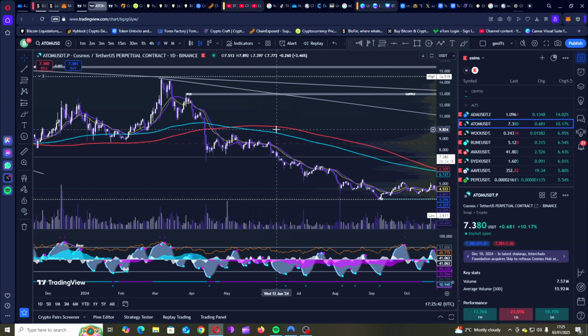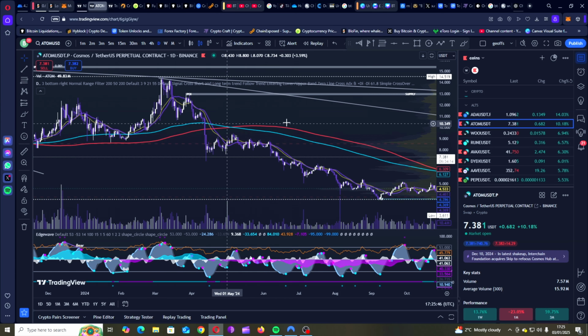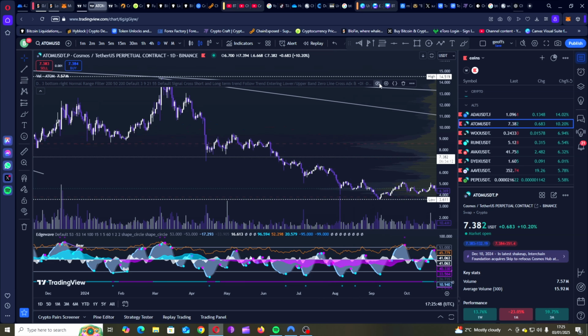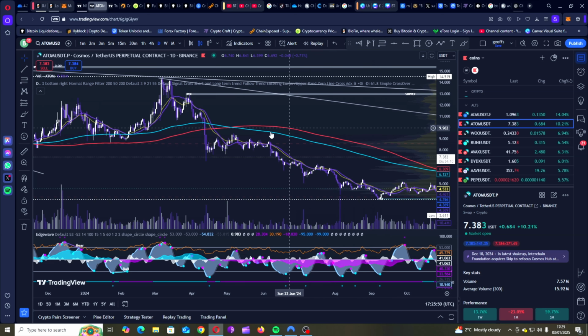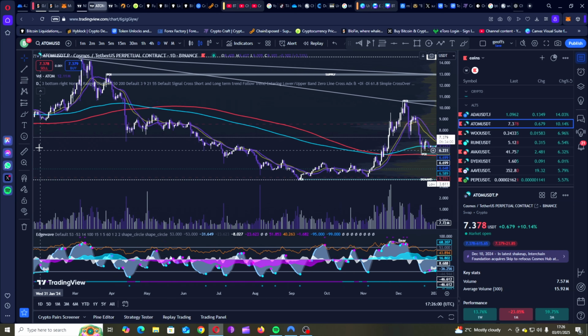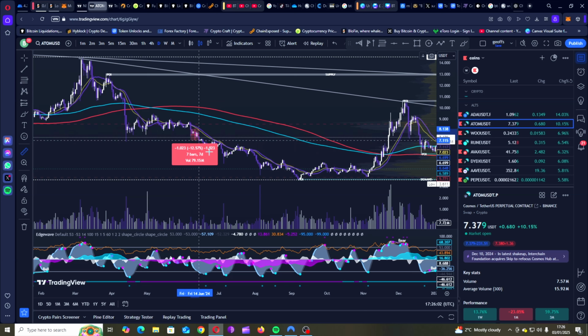These are just examples. I don't have these on all the time. I'll literally scan these on like this, and then I'll move them off. But if I can see something like that here, where it's rejected, and then it's rejected again off this 20, you're getting some great moves here.